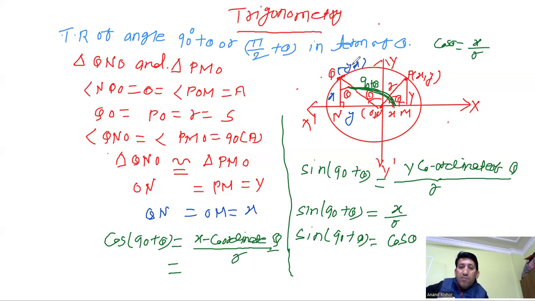The X coordinate of Q is nothing but minus Y. So I'm writing here minus Y divided by R. This is cos 90 plus theta, which is minus Y by r.